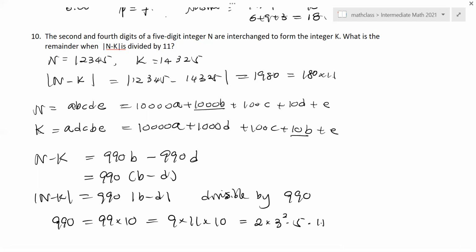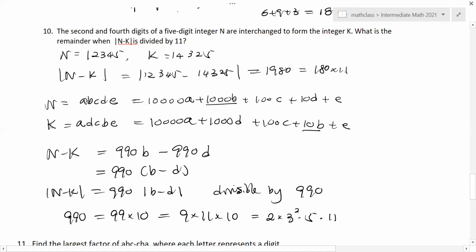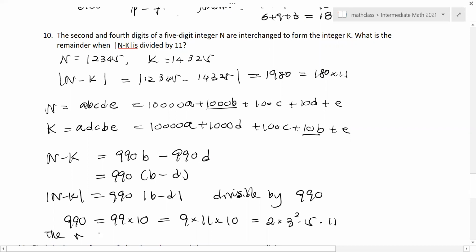Of course, when you divide this difference by 11, you will get an integer. You don't get a remainder. The remainder is 0, so it's always 0. Yes, when you divide by 11.